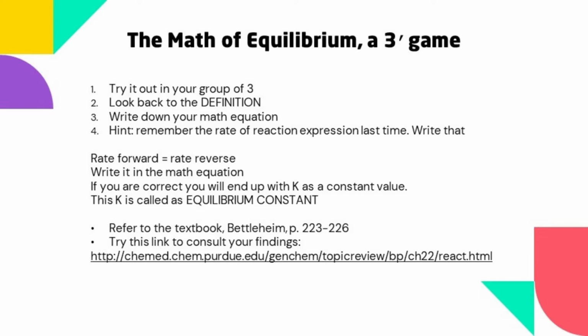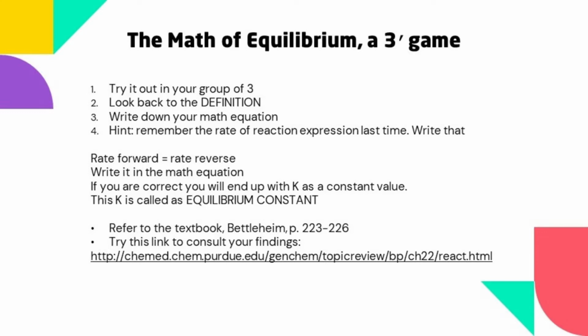Look back first at the definition of chemical equilibrium. Then write down your math equation from the definition. You can go back to the previous chapter, reaction rate, if you forgot, and then do the math calculation from that definition of rate of reaction toward chemical equilibrium.